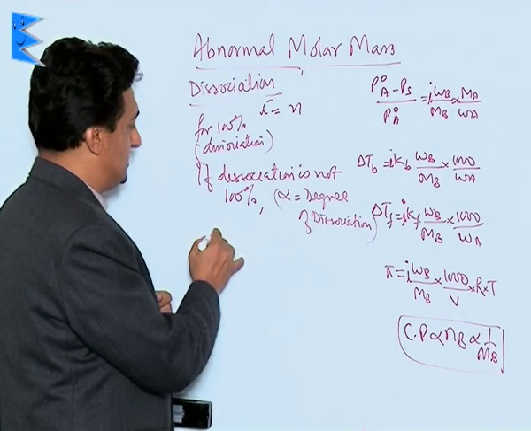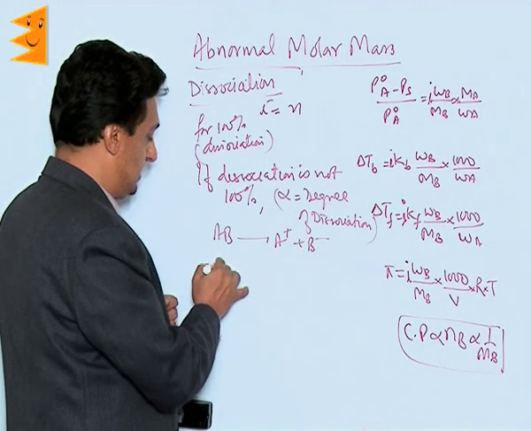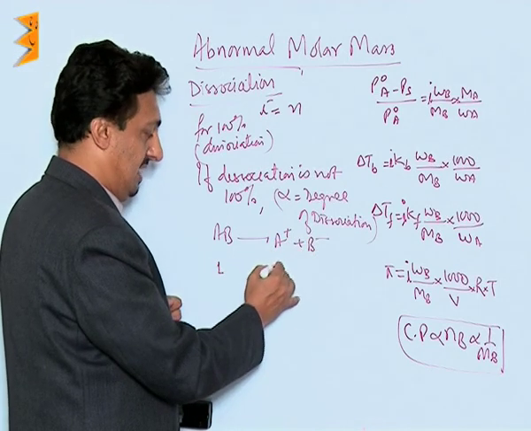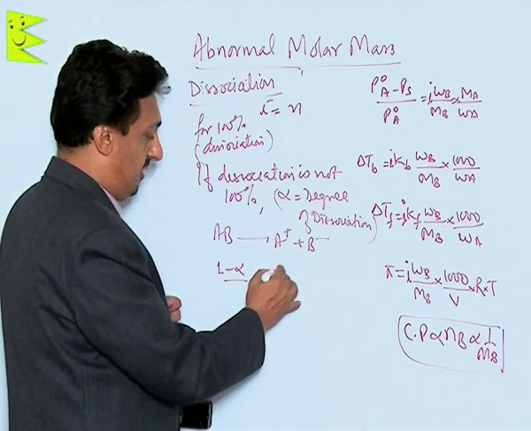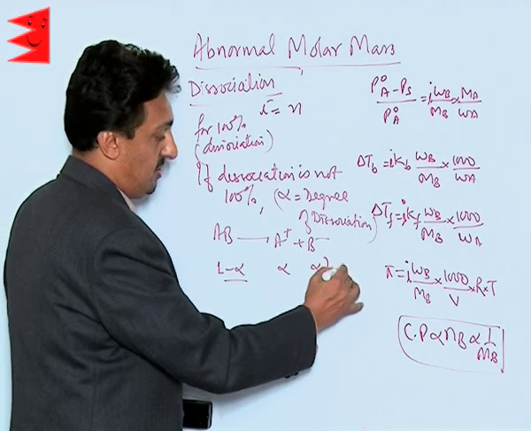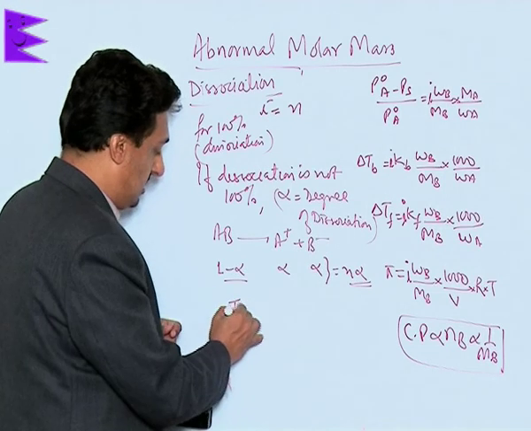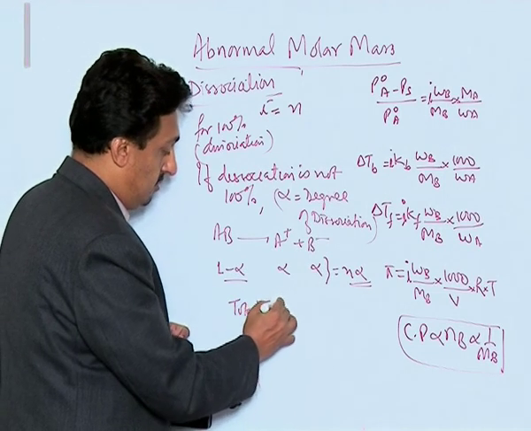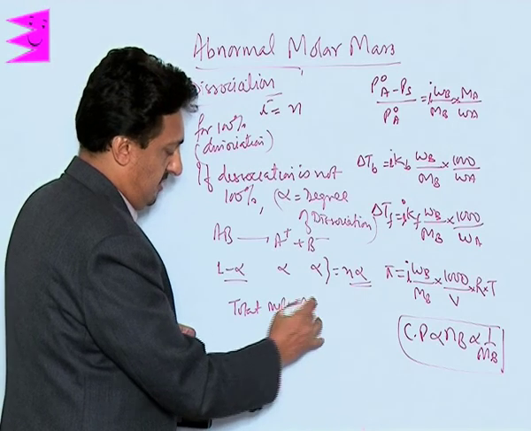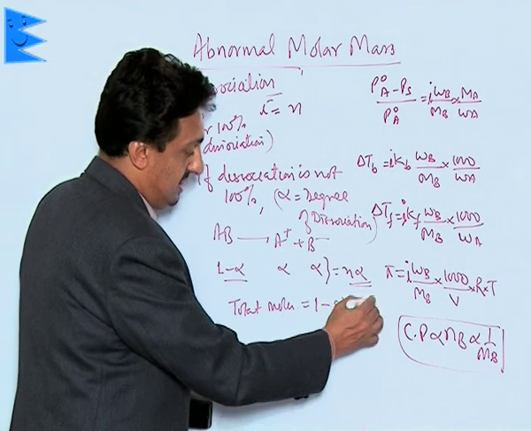He said that if this AB gives you A plus and B minus, we have 1 mole of this, and 1 minus alpha remains, alpha of this and alpha of this is formed, or we can have in total n alpha moles of the ions formed. The total moles will be 1 minus alpha plus n alpha.